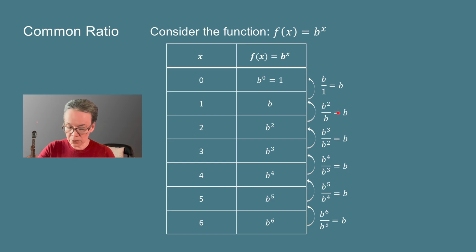So the common ratio in this case is equal to the base. And it's very important to notice that I'm going one step at a time, from 0 to 1, one step, from 1 to 2, one step, 2 to 3, one step, and so on. It's called the common ratio because the ratio remains the same. It doesn't change. So exponential functions behave in this way. They have a common ratio, and in this case, the common ratio is equal to b.